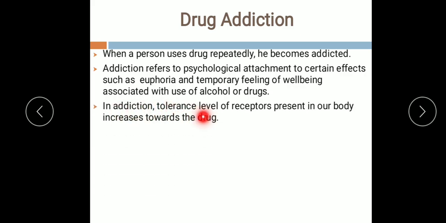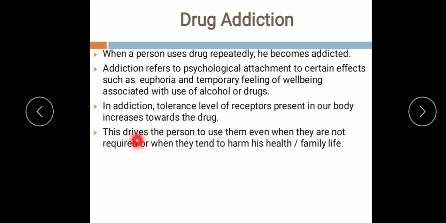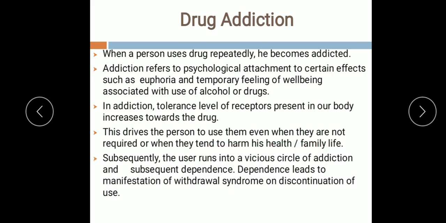In addiction, the tolerance level of receptors present in our body increases towards the drug, and this drives the person to use them even when they are not required or when they tend to harm his health or family life. Subsequently, the user runs into a vicious circle of addiction and subsequent dependence. Dependence leads to the manifestation of withdrawal syndrome on discontinuation of the use.